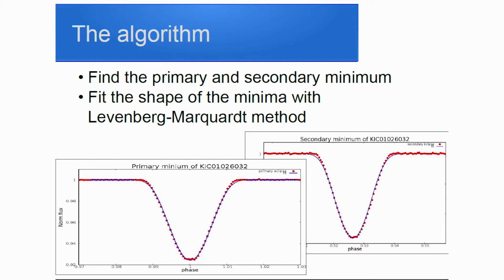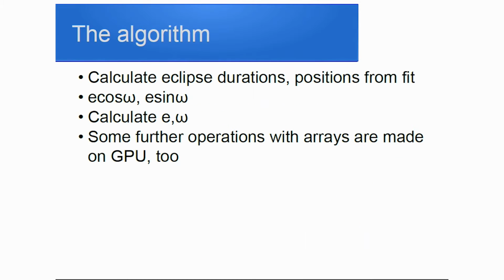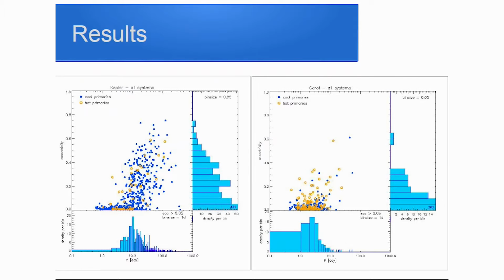From these fits we can determine the position and the duration of the eclipses, so we can calculate eccentricity and omega. Some further operations on arrays are also done on GPU to increase the speed of our algorithm.